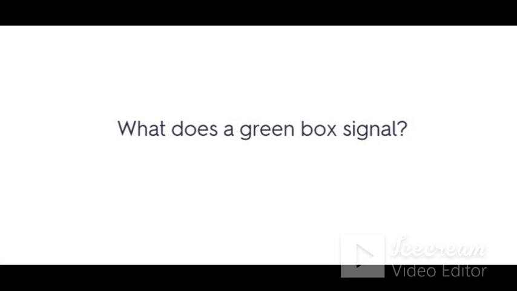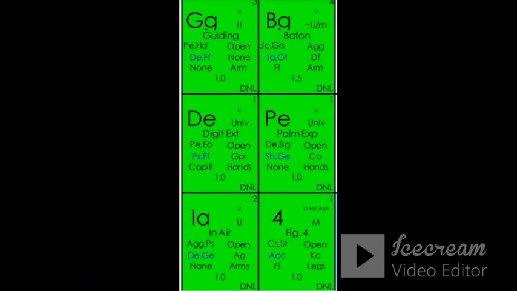The column on the left side, the majority of the elements, as exhibited here, what does it represent? What does the green coding on the element table represent? The gesture is fully open, as in your arms are wide open.